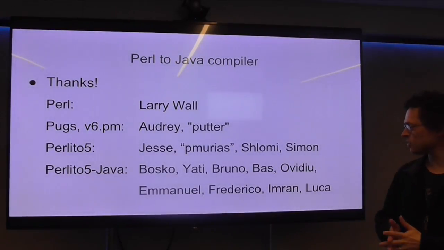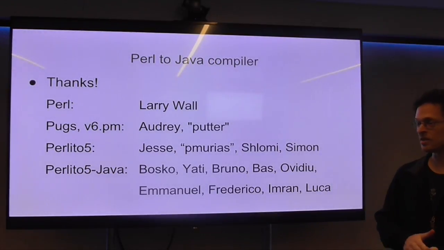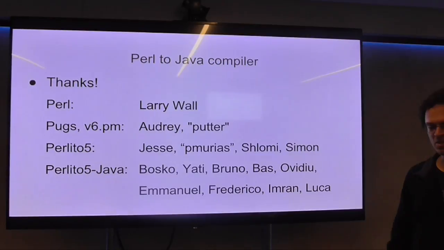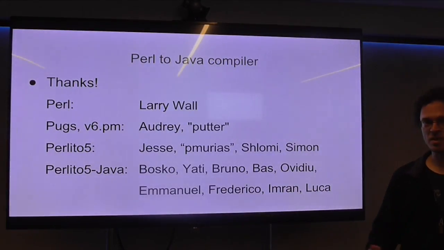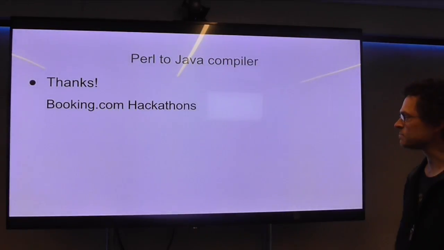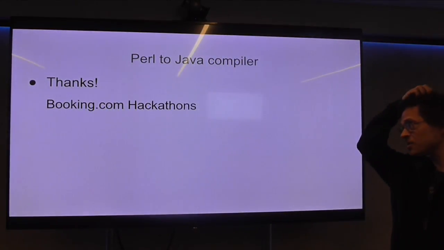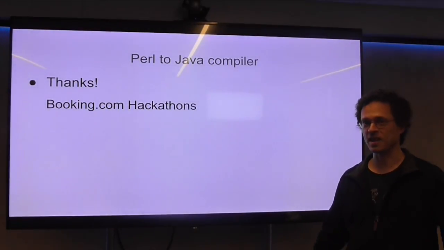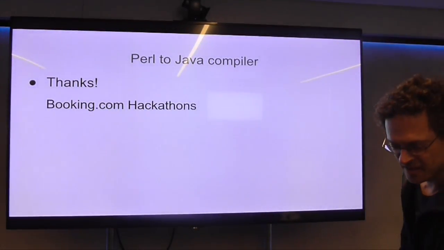Bruno helped with objects. Bas is working a lot on the runtime. Yeah, people are contributing, writing examples, writing tests. And I would like to thank Booking.com because they have already hosted, I think, 10 hackathons, which is a lot.